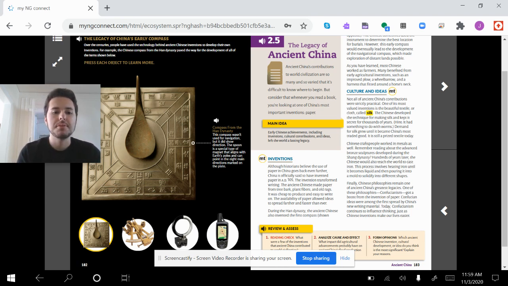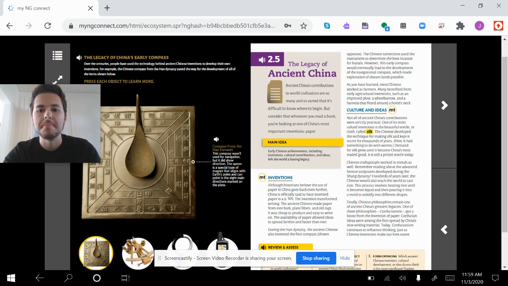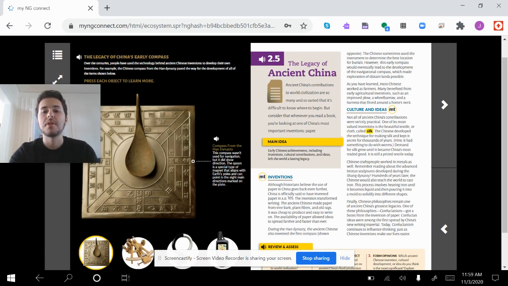As we see to the left, the Chinese during the Han Dynasty invented the first compass. They invented a lot of different farming tools, including the wheelbarrow and the plow, and a harness that would go around a horse's neck. And they also developed silk, right?